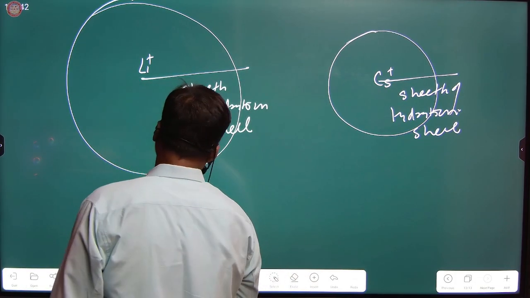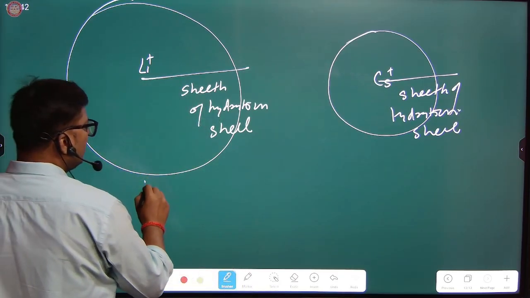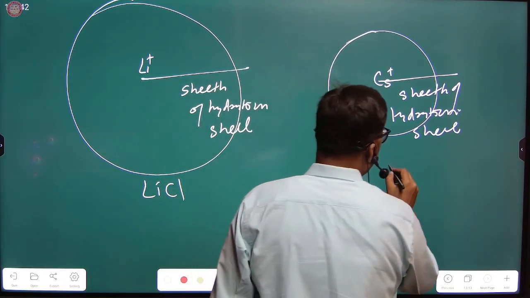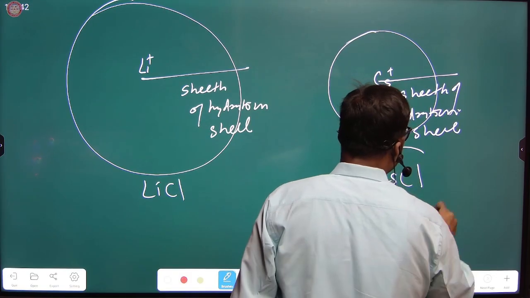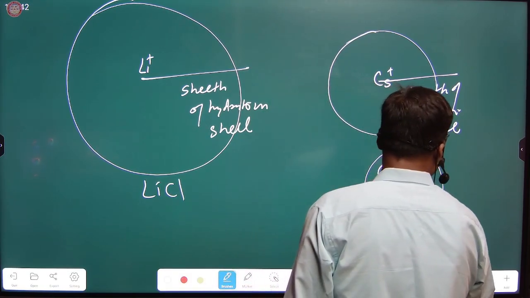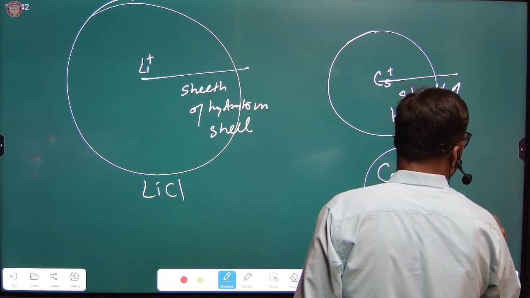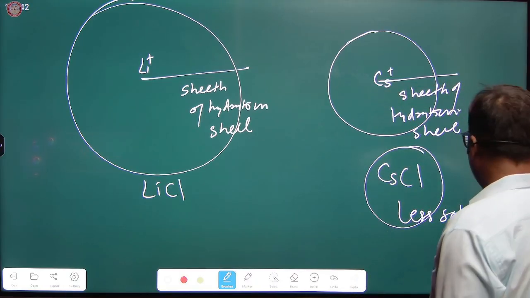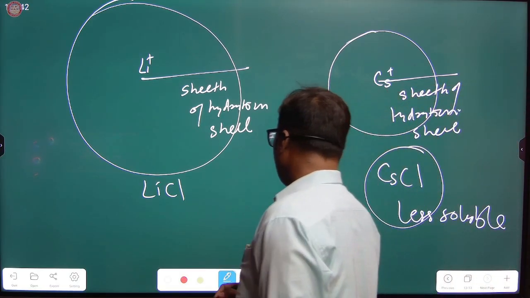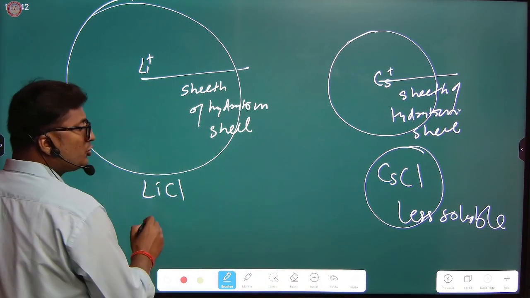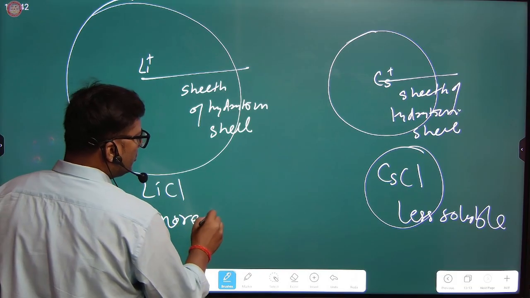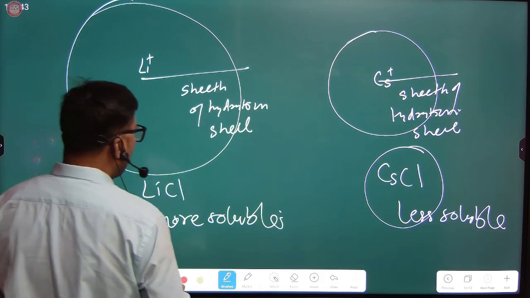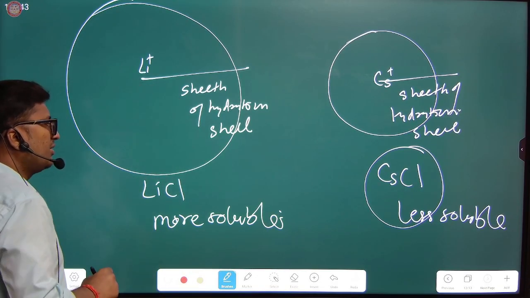So the compound formed from the lithium cation, LiCl, and the compound formed from the cesium cation, CsCl: CsCl is less soluble, because a small number of water molecules is attached to the cesium cation, and LiCl is more soluble because more water molecules surround the lithium cation.